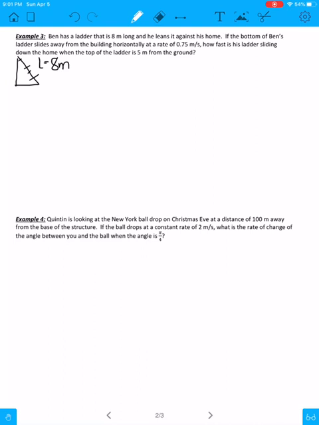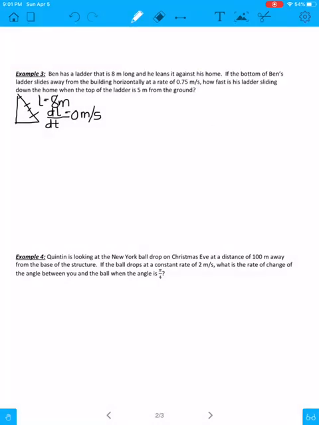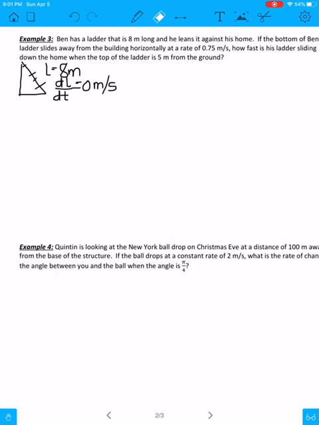No. So if it's something that doesn't change, you would say dL over dt equals 0 meters per second. L is 8 meters, and it's a ladder, so it's not going to change.